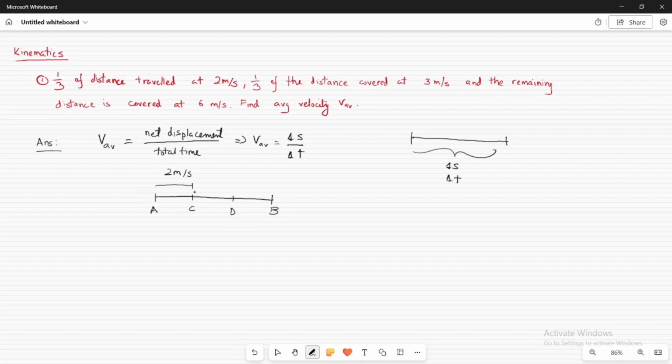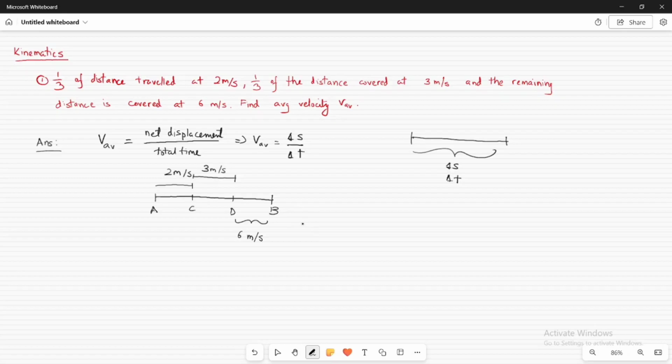Again, CD is also one third of the distance. It is traveled at 3 meters per second. And the remaining distance is traveled at 6 meters per second.